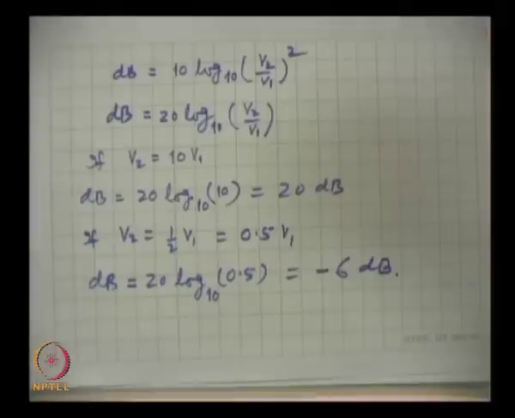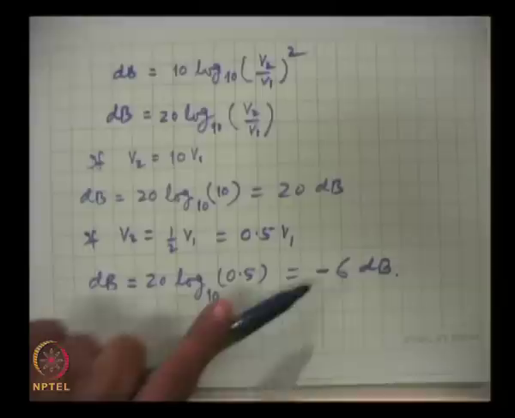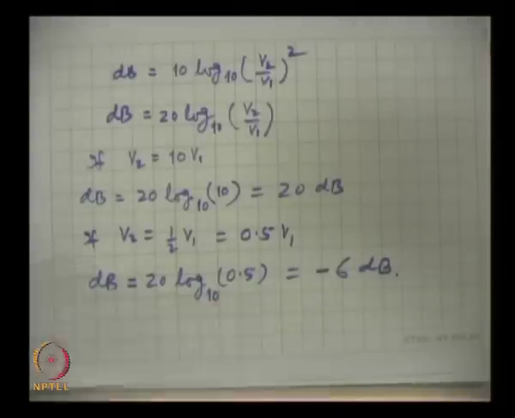If the voltage at any point of the circuit falls half of its previous value, then in terms of dB we say that the voltage has fallen by 6 dB. Minus sign indicates the fall and plus sign indicates the rise or gain.